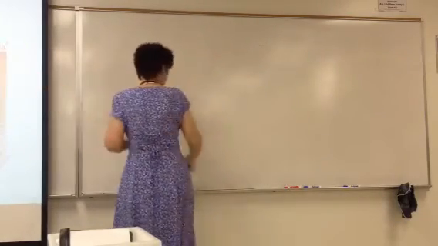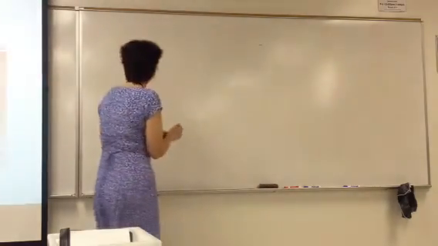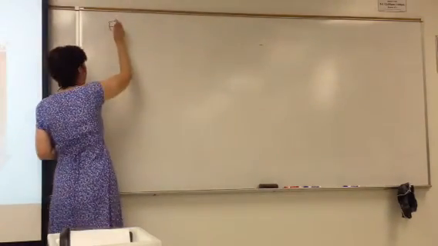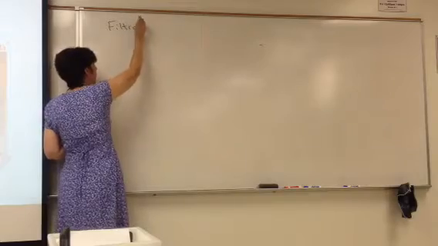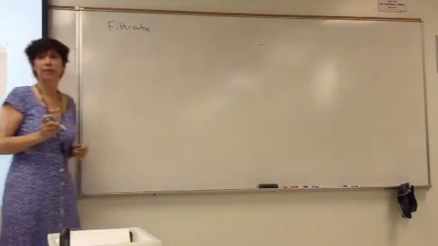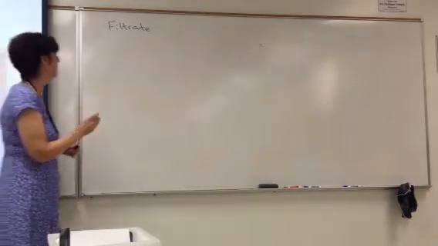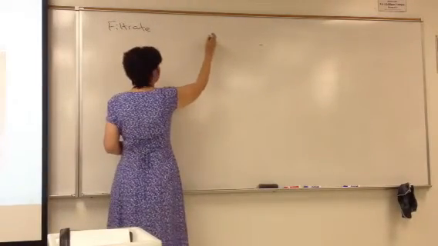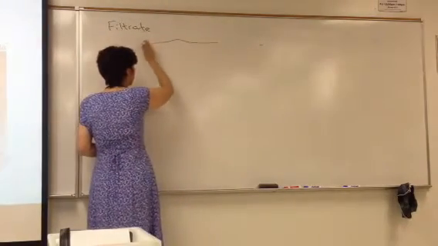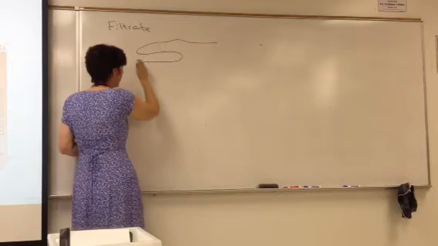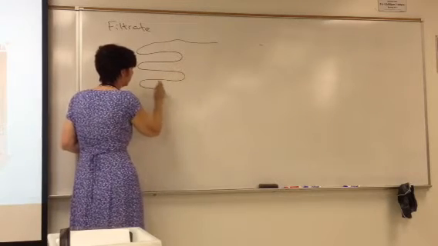I will eventually get to this slide on the board. I haven't forgotten it. This will be filtrate side. I suppose I should draw it with a yellow marker, but that doesn't show up very well. And these cells have very long microvilli.